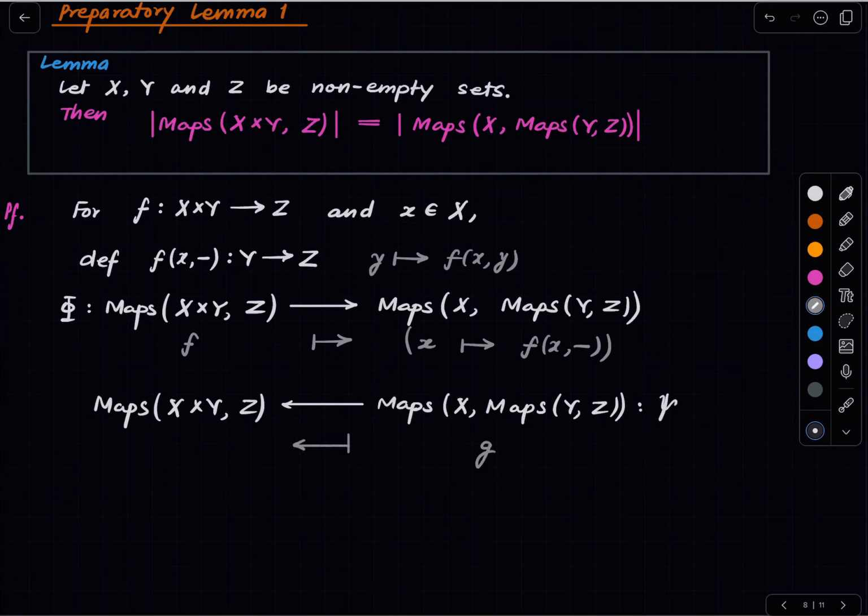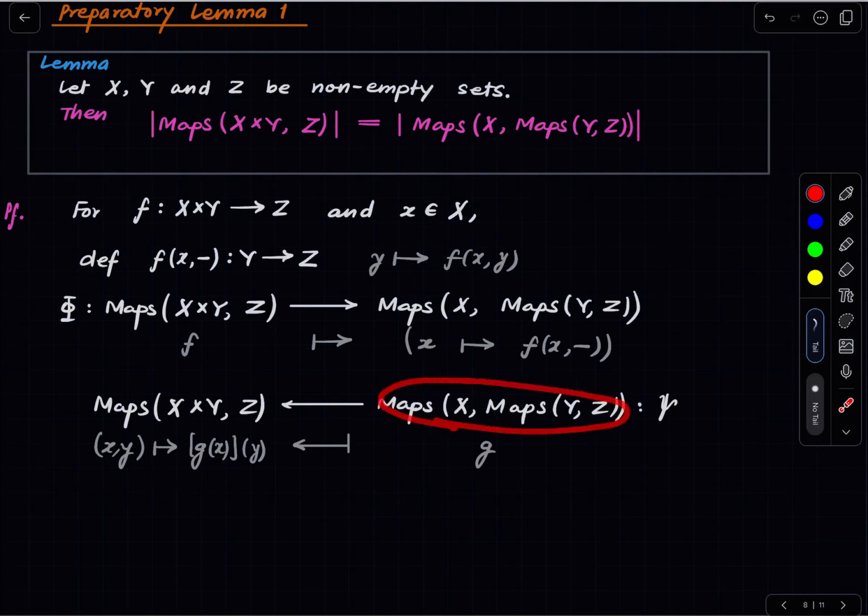So it takes G to what? G to the map which takes x comma y to gx of y. So you pick a map G which takes an element of x to a map from y to z.